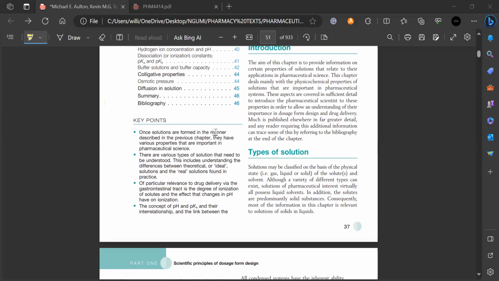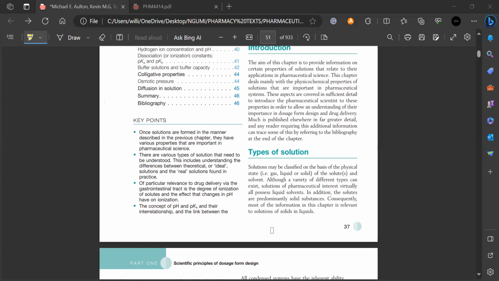So essentially, types of solutions can be classified depending on whether the solute is a gas, liquid, or solid, and whether the solvent is a gas, liquid, or solid.